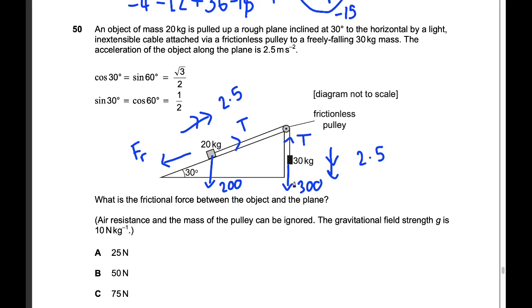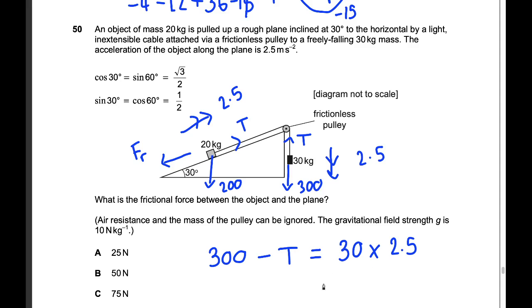So the first thing we need to know is the tension. If it's falling at 2.5 meters per second, I'm just going to do F equals ma on this 30 kilogram mass. So I'm going to say downwards is my positive direction when considering this mass. So I can say I've got 300 newtons down minus T newtons up is equal to, so that's my F, is equal to 30 times my acceleration, which is 2.5.